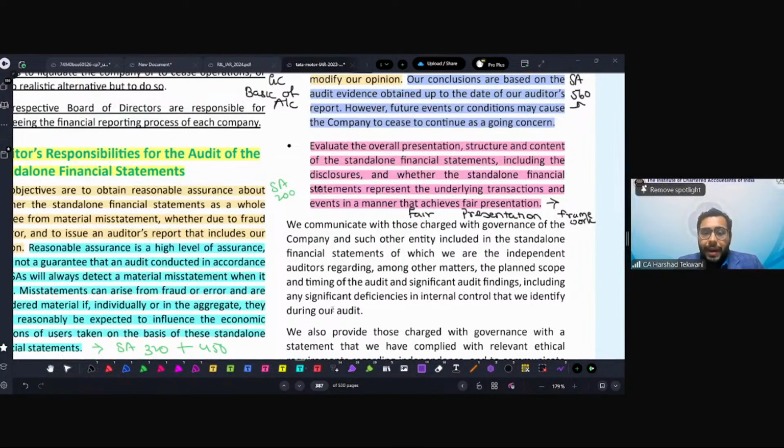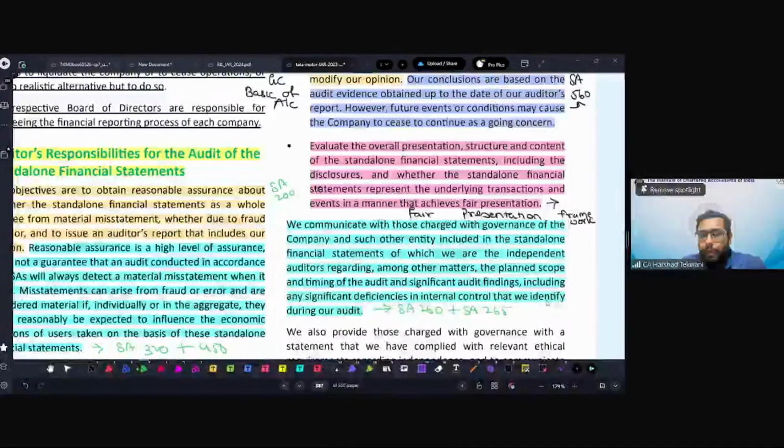Then the next part is, in the auditor's responsibility, we communicate with those charged with governance of the company regarding, among other matters, the planned scope and timing of the audit, significant audit findings, including any significant deficiency in internal control that we identified during our audit. Where was this covered? SA 260 and 265.